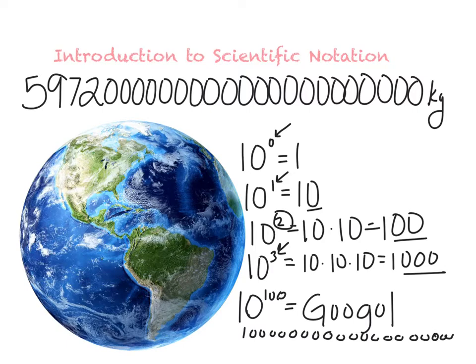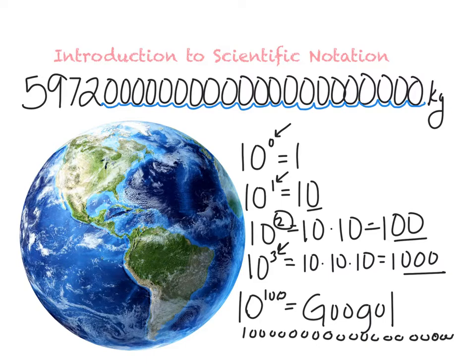So using the idea with multiples of 10, we're going to figure out how I can write the mass of planet Earth in scientific notation. So I'm going to count 1, 2, 3, 4, 5, 6, 7, 8, 9, 10, 11, 12, 13, 14, 15, 16, 17, 18, 19, 20, 21.